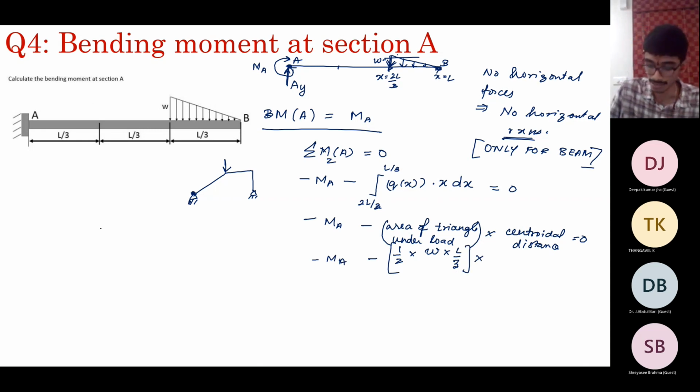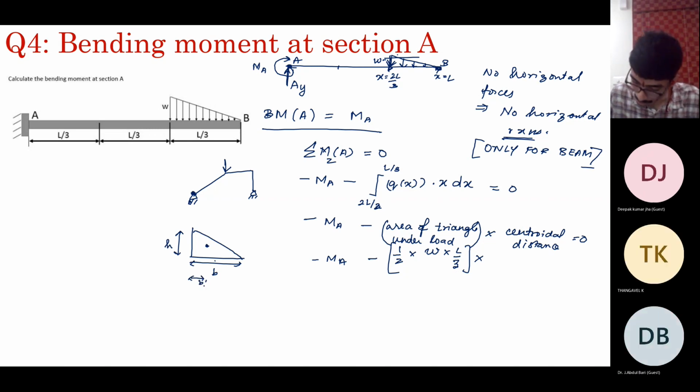So for this triangle, you can note this down. The centroid of the triangle, if it has a base of length b and a height of length h, the centroid of this right triangle is at a distance b/3 from the longer edge. So from this vertex, it is 2b/3, and from this edge, it is b/3. Similarly, this is h/3. This is 2h/3.